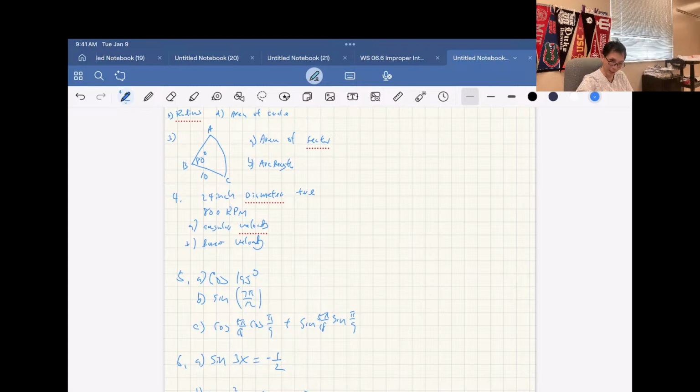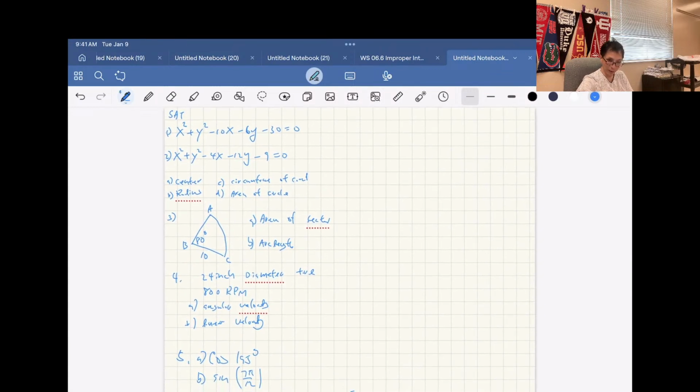Okay, so if I have an angle of elevation equal to, let's say, 28 degrees to the top of the tower, you kind of draw a tower, right? And this is 28 degrees, right?